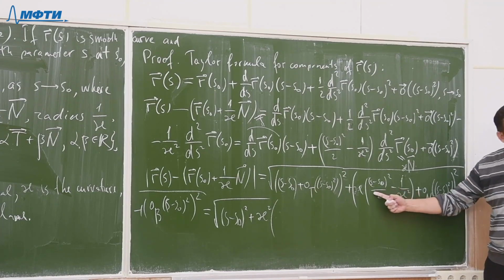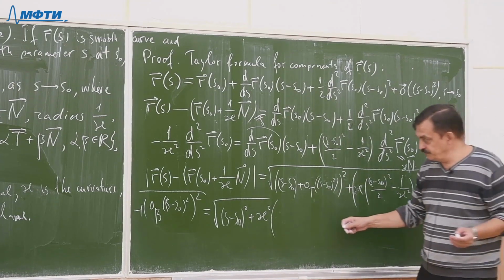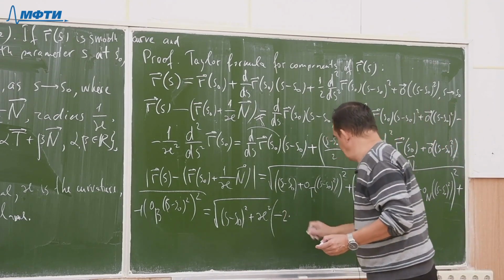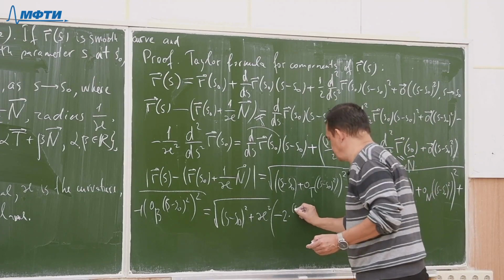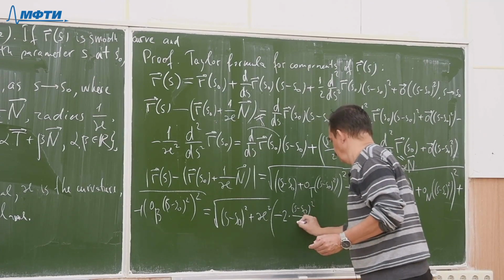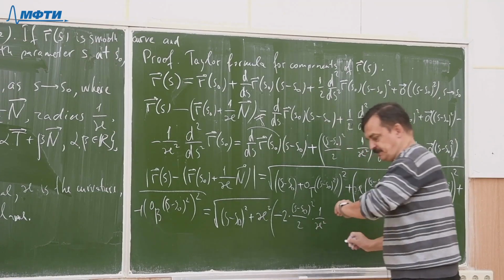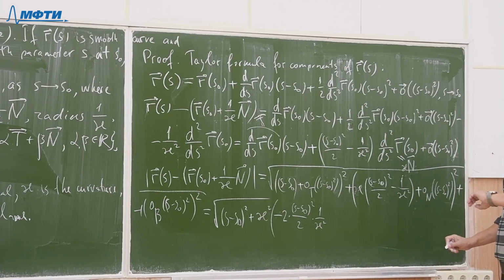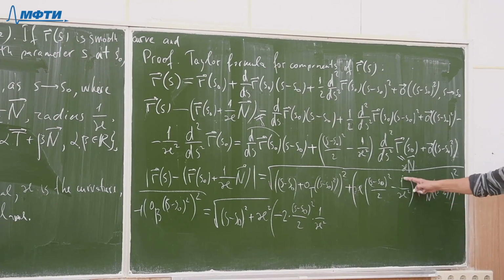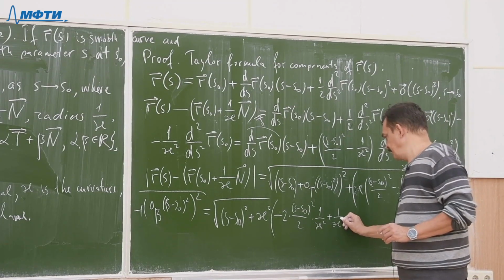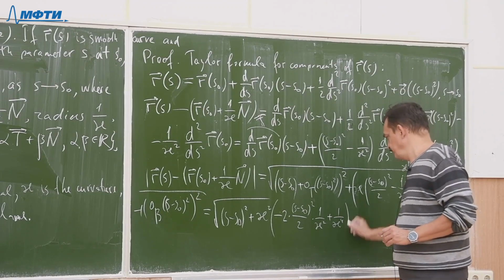So double product. Now double product with minus 2 times s minus s naught squared over 2 times 1 over kappa squared. Wow, it's a break. And also square of second plus 1 over kappa 4. Yeah.